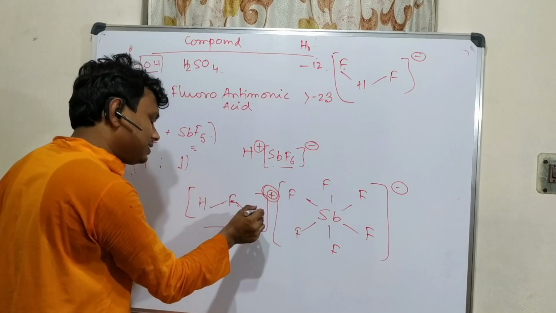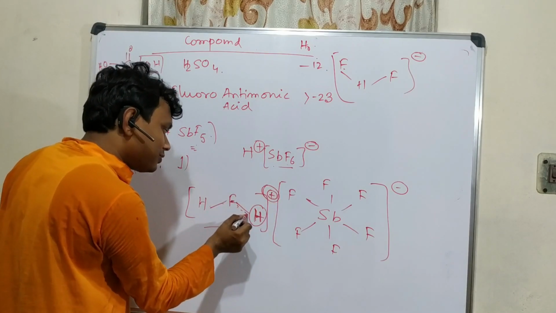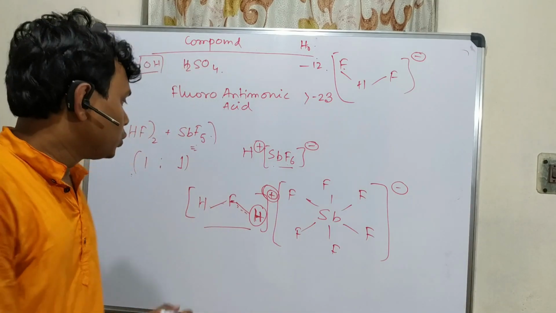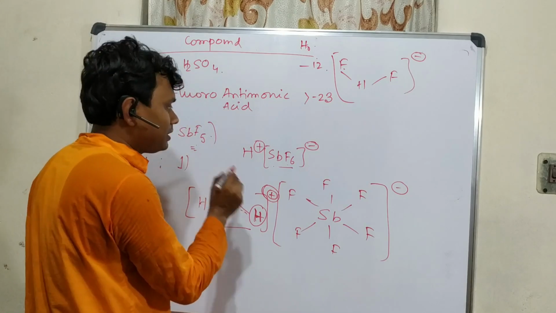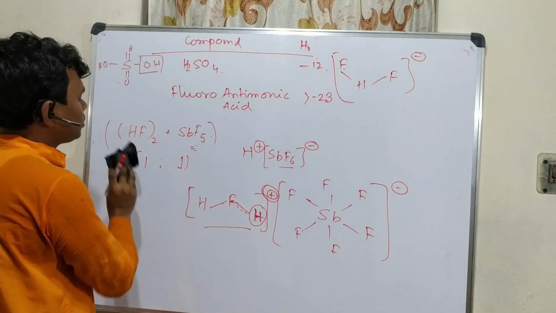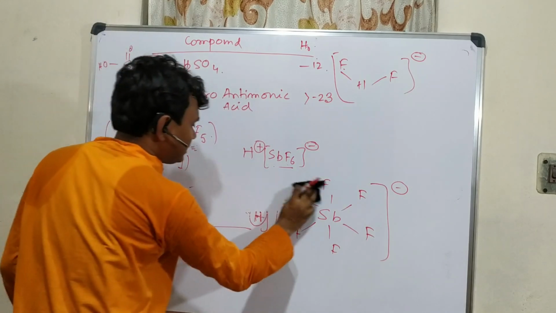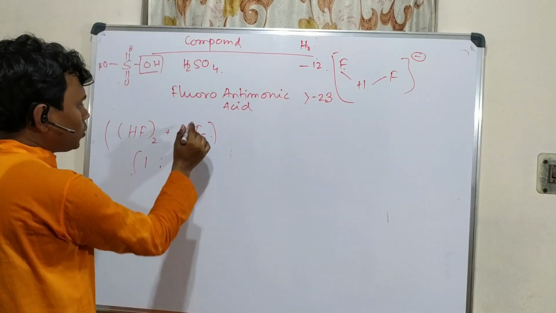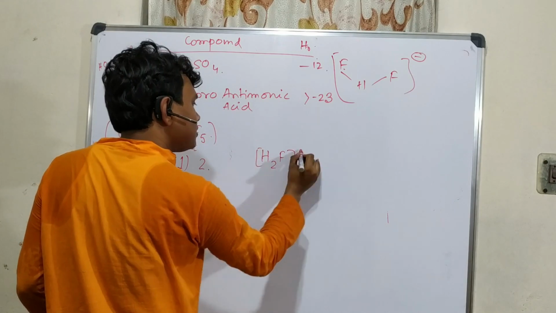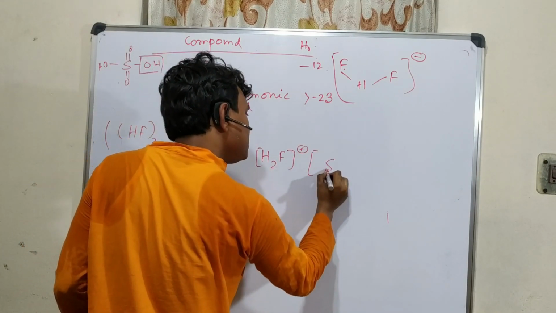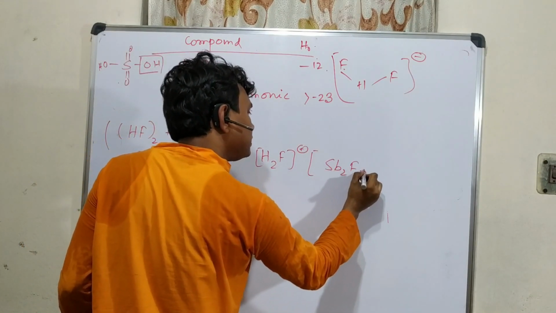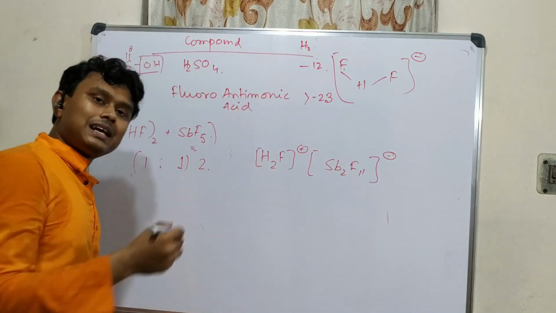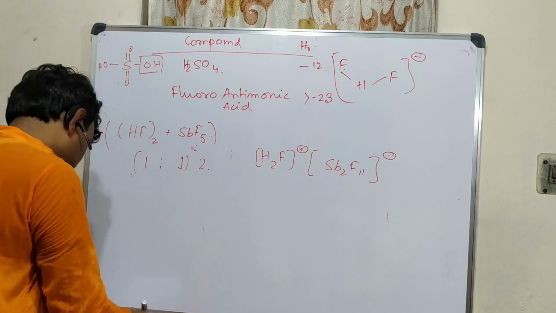If we consider this proton is from H plus, this is hydrogen bonding, but the hydrogen bonding is so strong that it is very difficult to predict which one is actually the proton. Another thing, even this SbF6 ratio could be plus Sb2F11 overall minus. So this is also possible. Changing this, the acidic strength also changes.